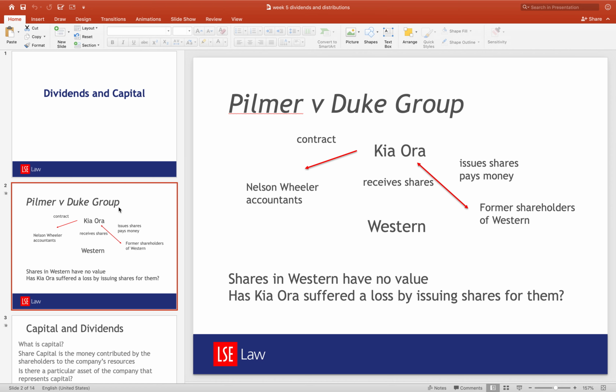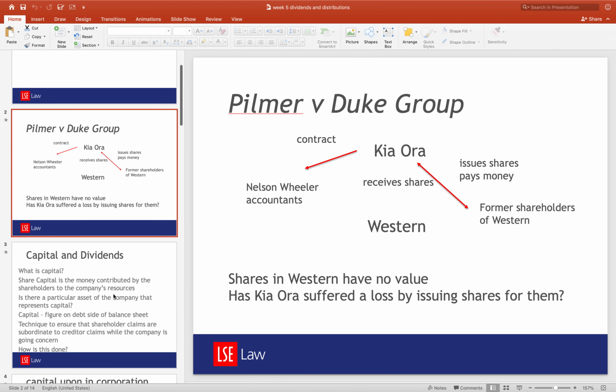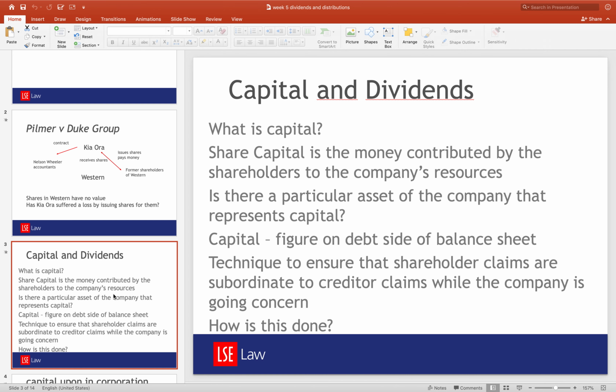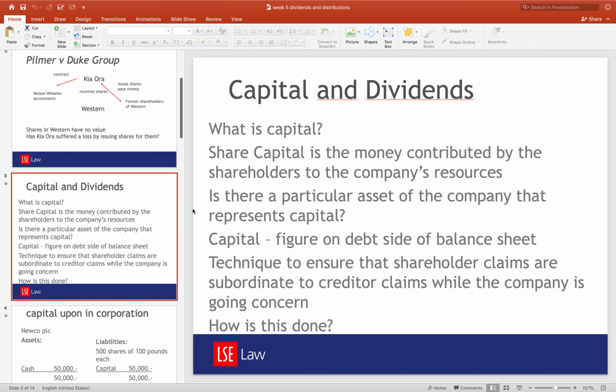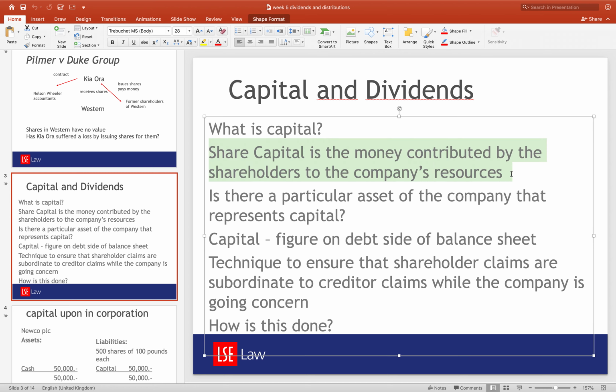We started out by examining a really interesting case called Pilmer and Duke Group, and that illustrates how hard it is to conceptualize capital and work out what capital is. And capital is an entry on the balance sheet, and it remembers the money contributed by the shareholders when the company was first set up.